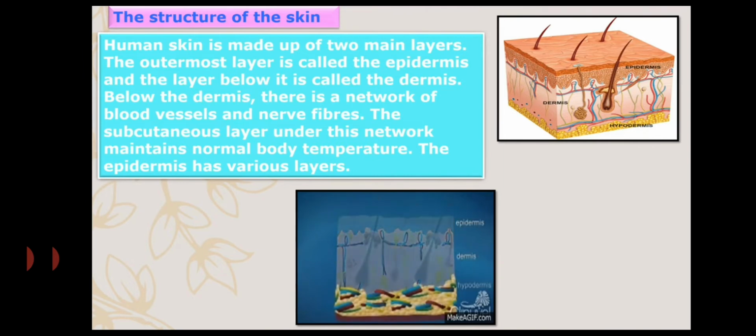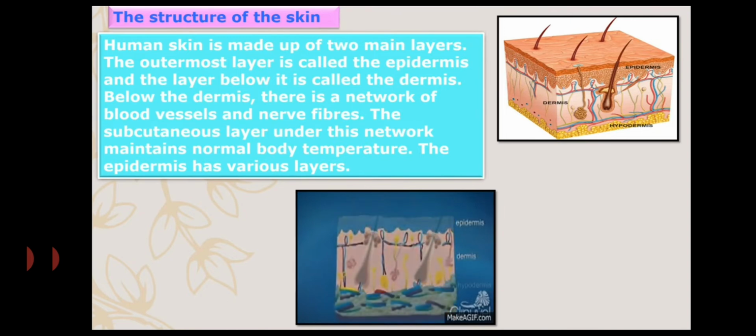Means two layers are there. First one, outermost layer, and second one is the dermis layer. Below the dermis there is a network of blood vessels and nerve fibers. The subcutaneous layer under this network maintains normal body temperature.